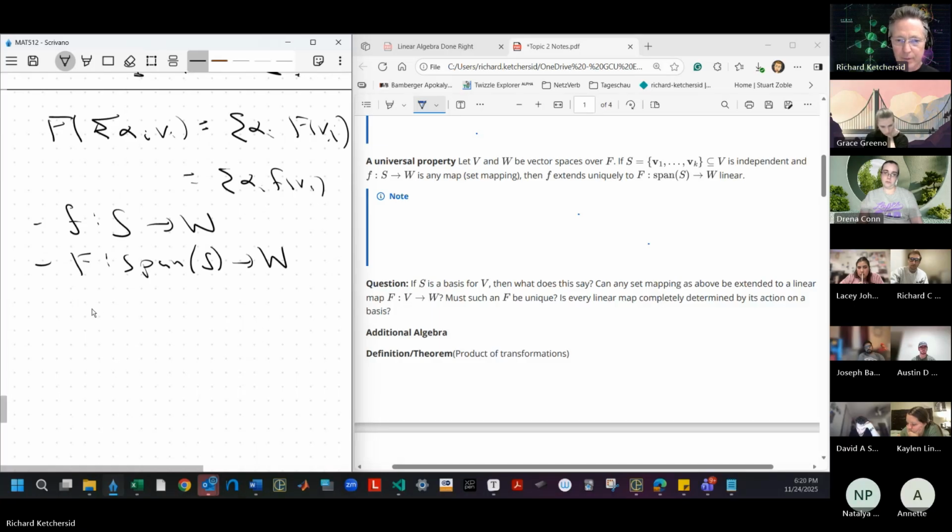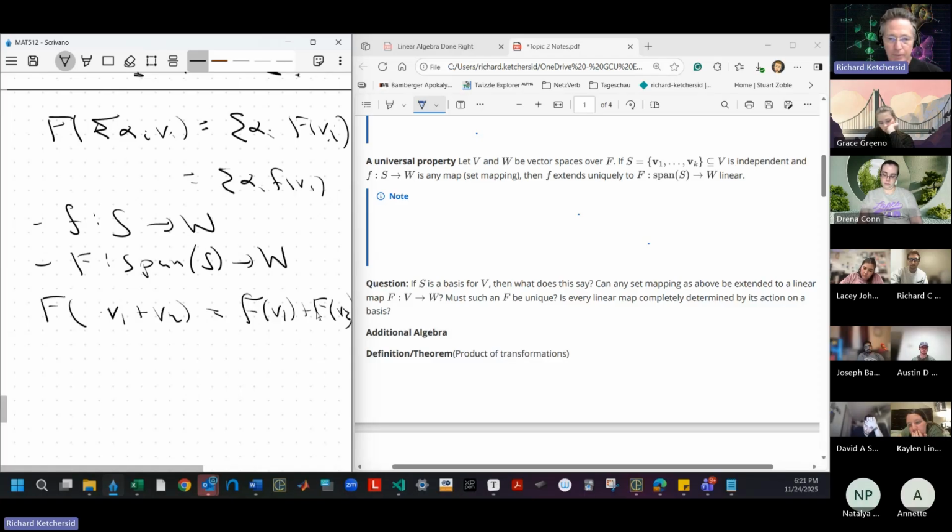Is that linear? So we have to show that, take two things in the span, maybe I say v1 and v2, I need to prove that f of v1 plus v2 equals f of v1 plus f of v2. I mean, it's proving that it preserves addition, right? Okay, but what is this? Well, v1 is going to be summation alpha i vi, and v2 is going to be summation beta i vi, because these are in the span of S, so they're just summations of those things.